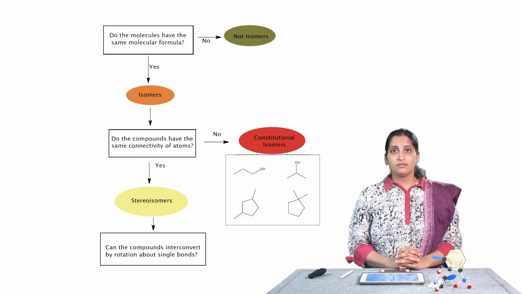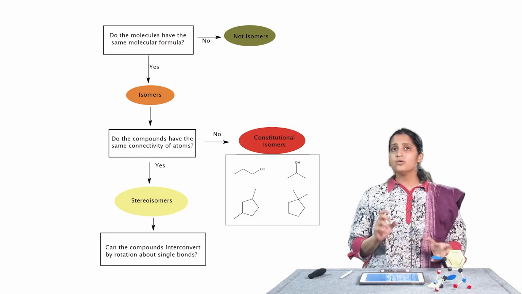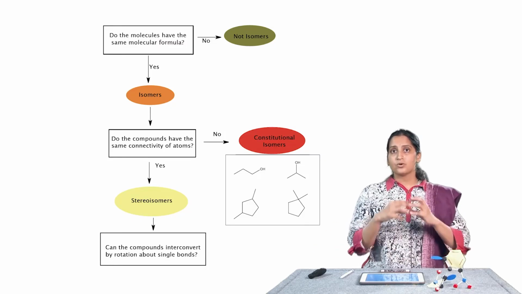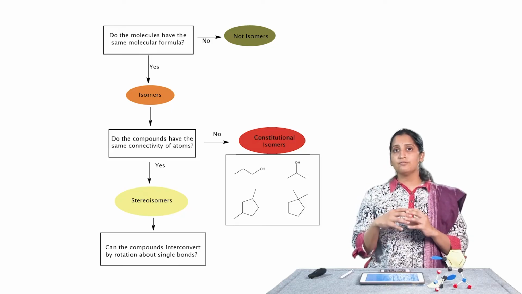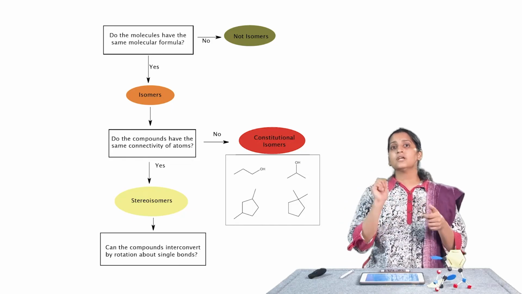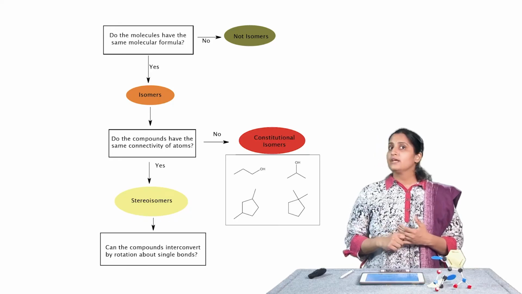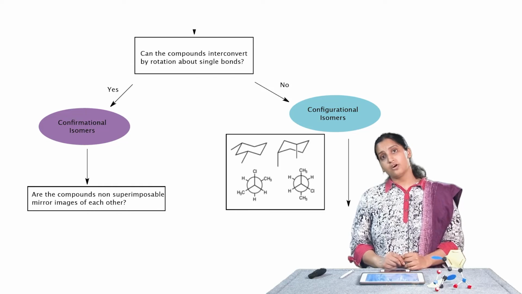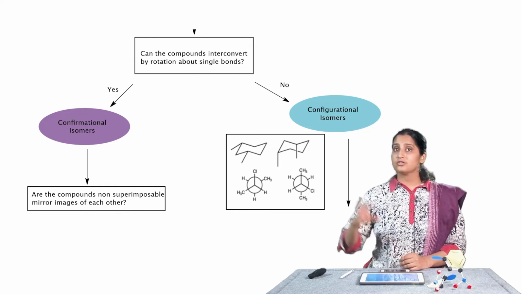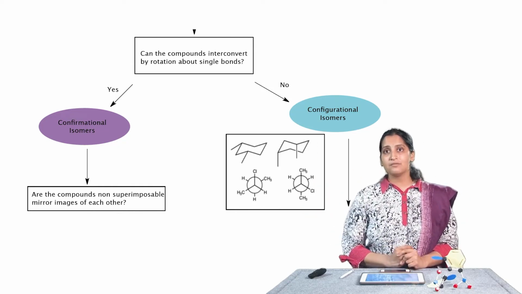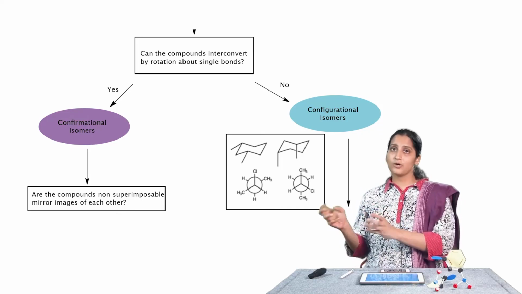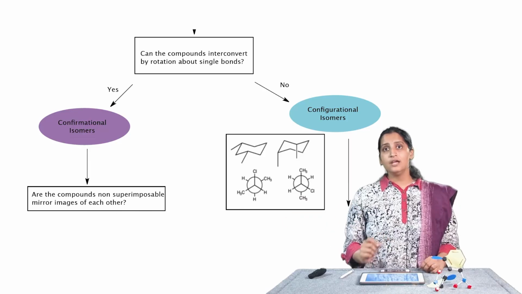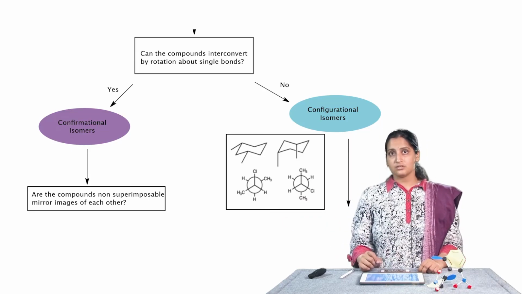The question you ask is, can the molecules interconvert from one to another through rotation of a single bond? If the answer is yes, then they are conformational isomers. In the case of butane, for example, they were able to rotate and convert from gauche to anti to gauche, and they were conformational isomers of each other.